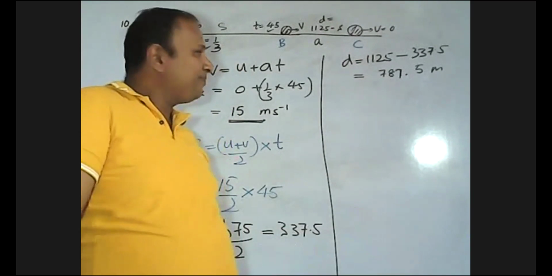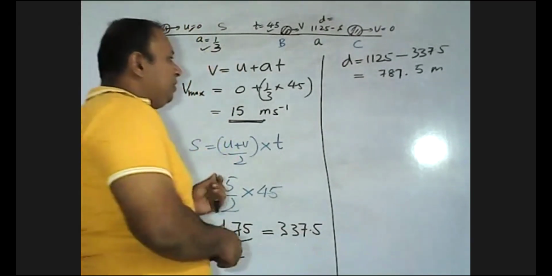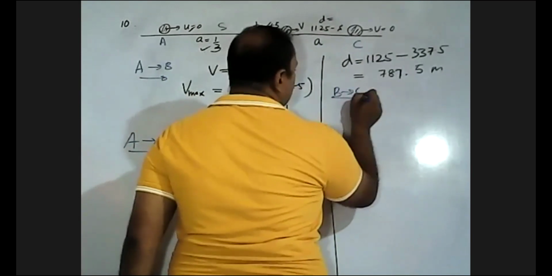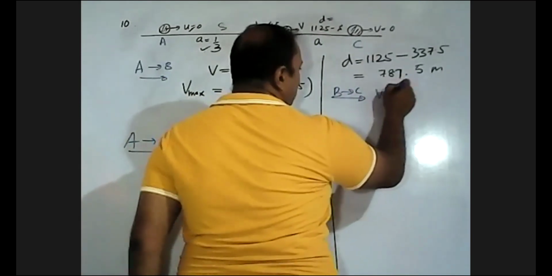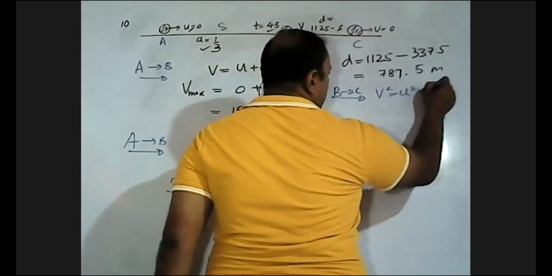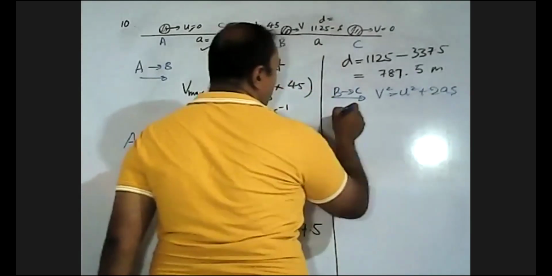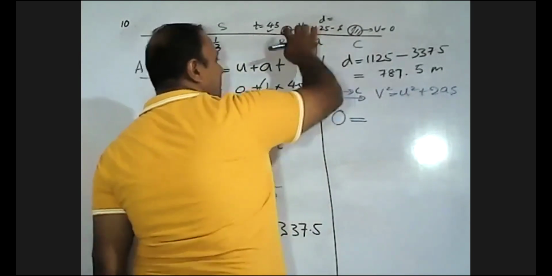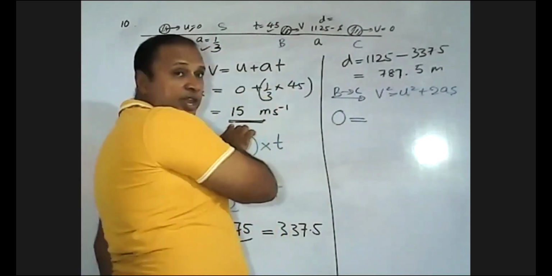Therefore, from B to C, to this direction, V squared equals U squared plus 2as. V squared is 0, U squared, initial velocity means 15.